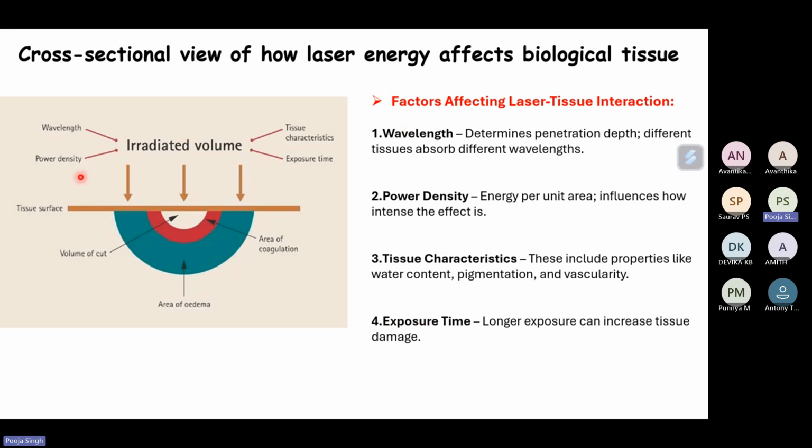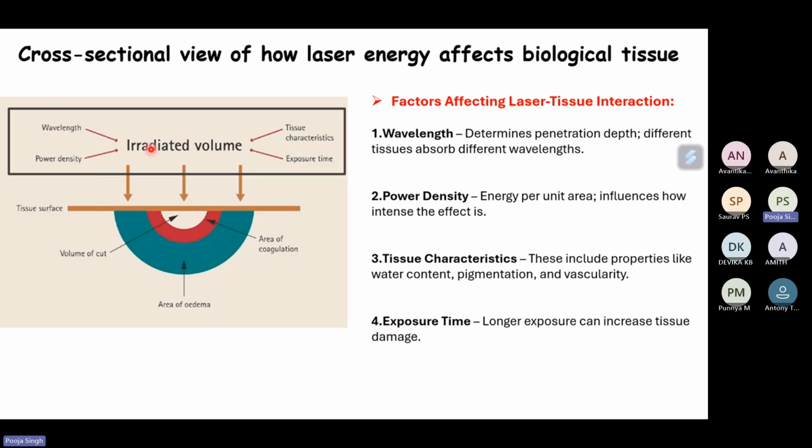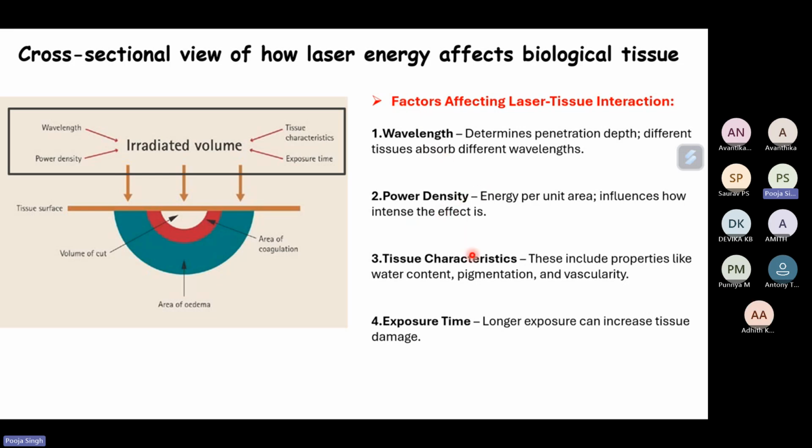Here we are talking about this irradiated volume. This irradiated volume depends upon your wavelength, power density, tissue characteristic, and the exposure time. Wavelength will determine your penetration depth; different tissues absorb different wavelengths.